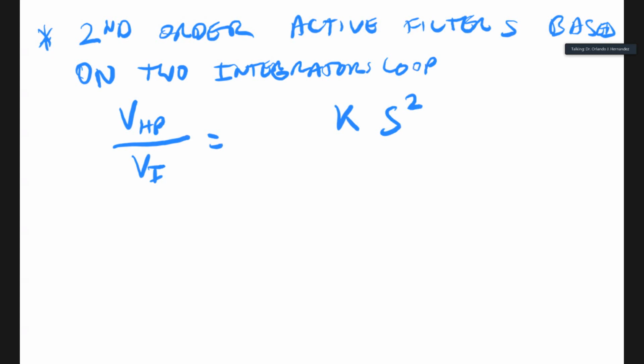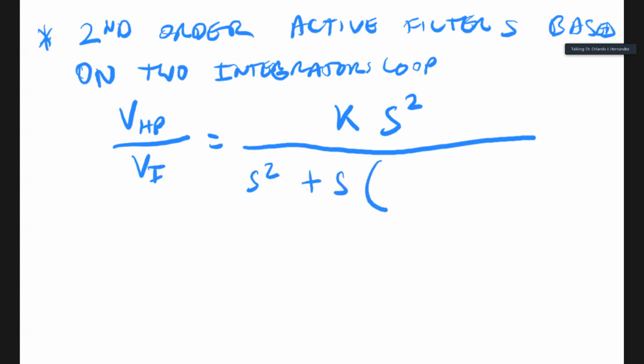This is a high pass. And for the second order, we still can use our familiar second order prototype. That hasn't changed since the beginning of the chapter.